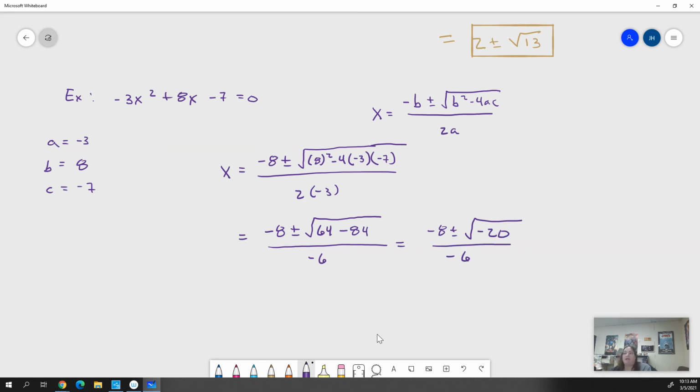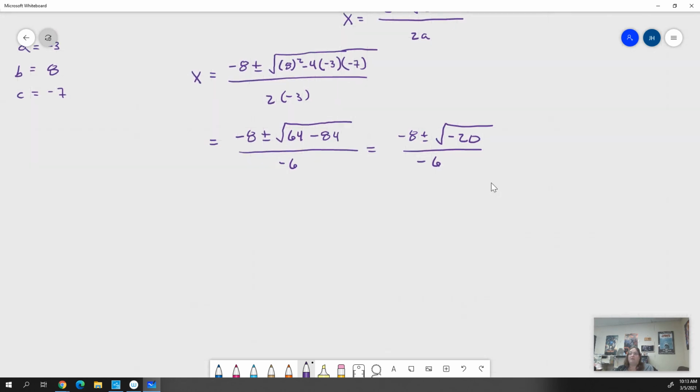Do you remember how to deal with a negative underneath a radical, a square root? We have a negative under the square root. What do we do with that?